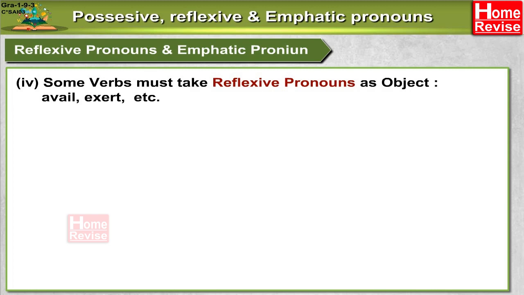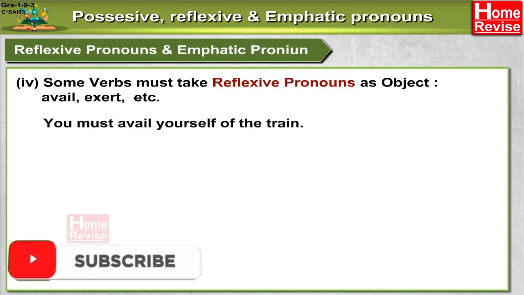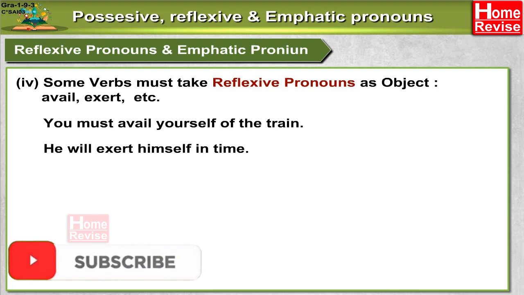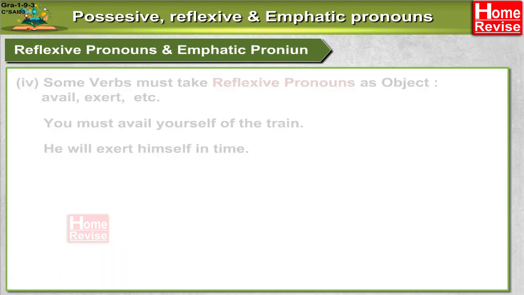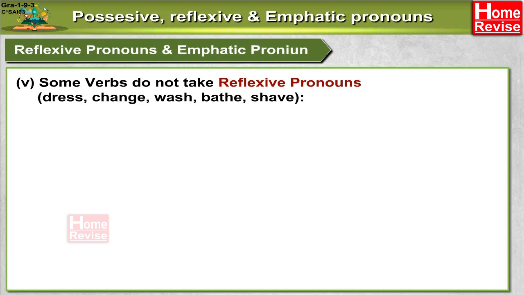Avail, exert, etc. You must avail yourself of the train. He will exert himself in time. Fifth, some verbs do not take reflexive pronouns. Dress, change, wash, bathe, shave. Are you dressing? Do you shave daily?